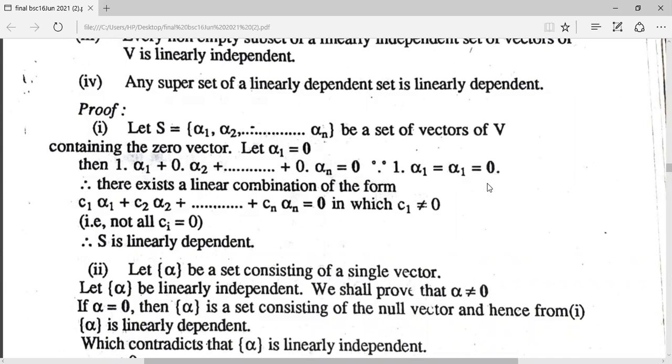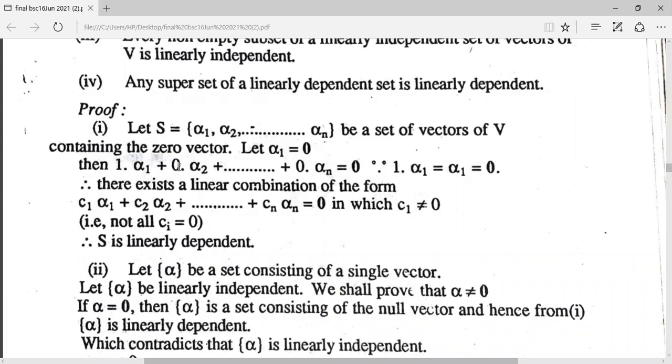0. From this, what you observe is we have expressed alpha 1, alpha 2 to alpha n as a linear combination. In other words, here 1, 0, 0, 0 are all scalars. Therefore, it's a linear combination of alpha 1, alpha 2 to alpha n, which when equated to 0, does it imply that all the scalars are zeros here?